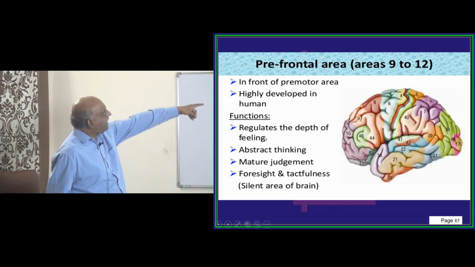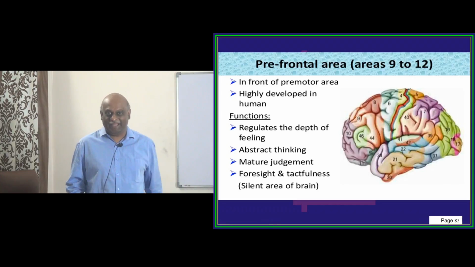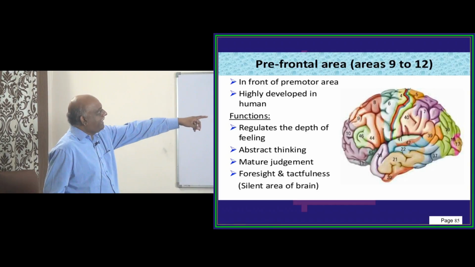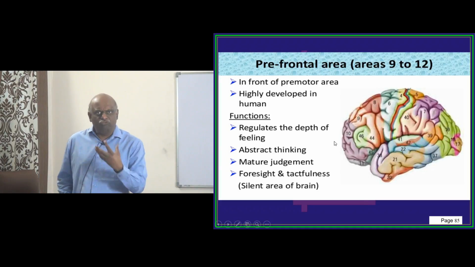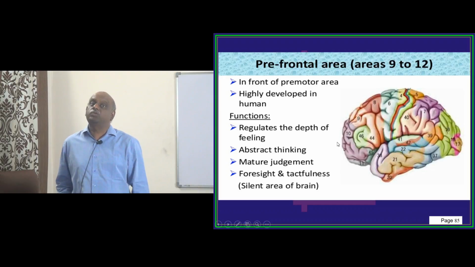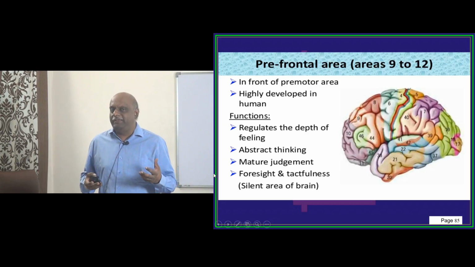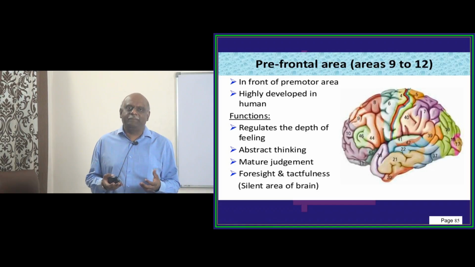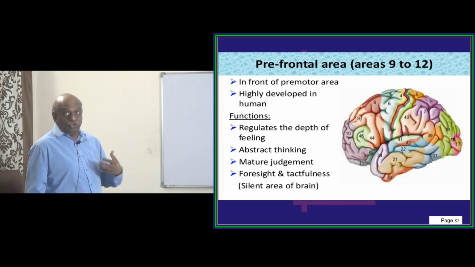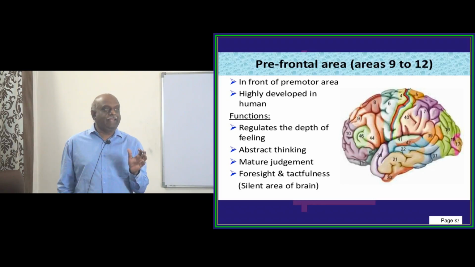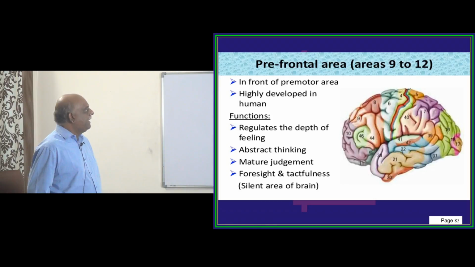Because their prefrontal area is much better developed in humans. Area 9, area 10, area 11, 12 are all well developed in human beings is what you have to remember. So the depth of the feeling, sometimes you feel intensely happy, intensely sad, or depth of the feeling. Similarly, mature judgments, abstract thinking, looking at some puzzle you will say the answer is this. Abstract thinking and the foresight.